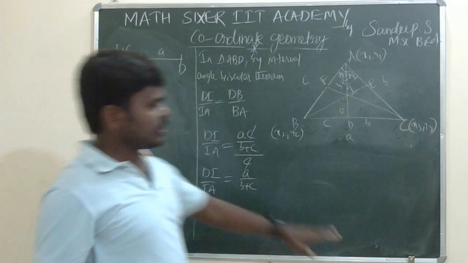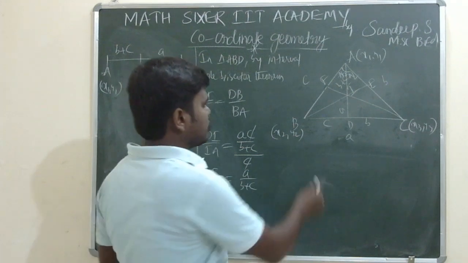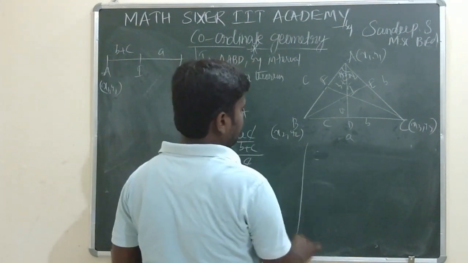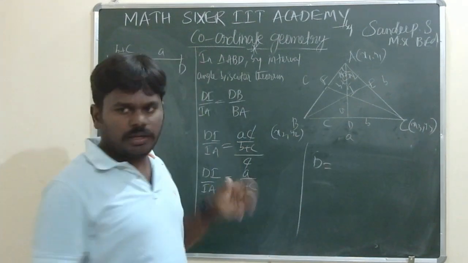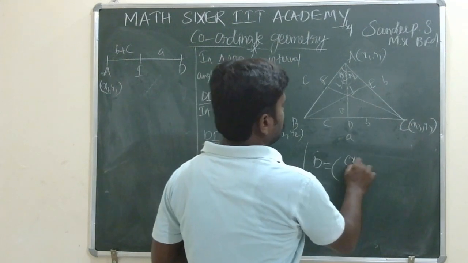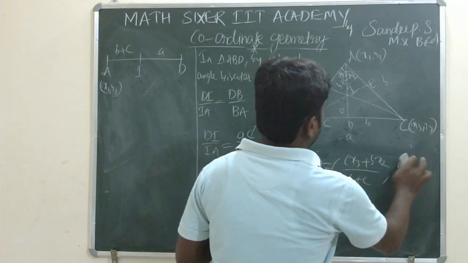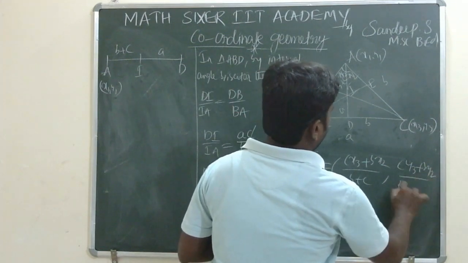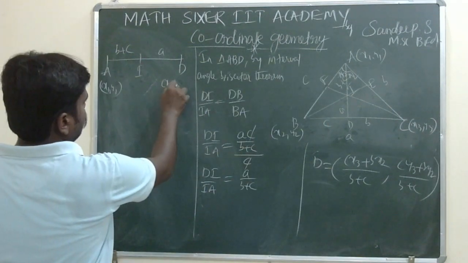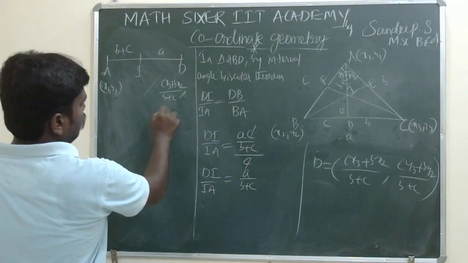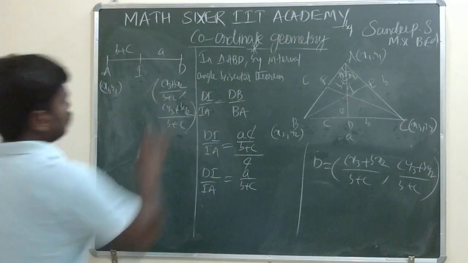And D is what? Just now I have cleaned it. D, by the section formula we have found the D value, that is equal to what here? Let me write D again. Here D divides BC in the ratio of C is to B. So by the section formula D is equal to Cx3 plus Bx2 by B plus C, comma Cy3 plus By2 by B plus C. This is the vertex D. Okay.